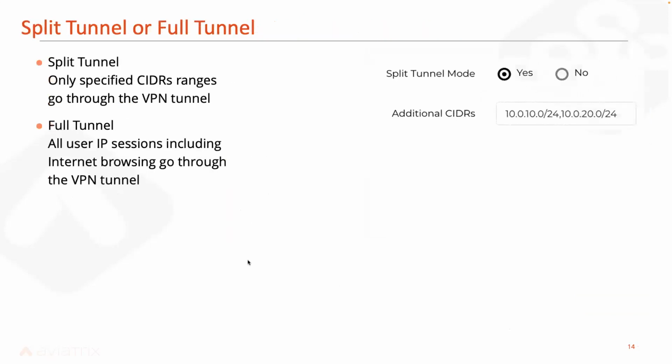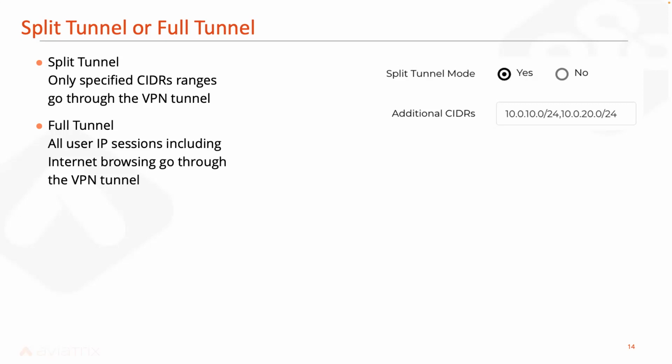So we also talked about split tunneling versus full tunneling. With full tunneling, as we discussed, all the user's IP sessions go through the VPN tunnel. I also alluded to the fact that the way it works is there is a default route that gets programmed on the OS of the user that says, if you want to go default, you have to go to the tunnel.